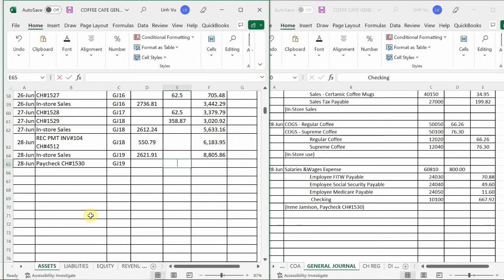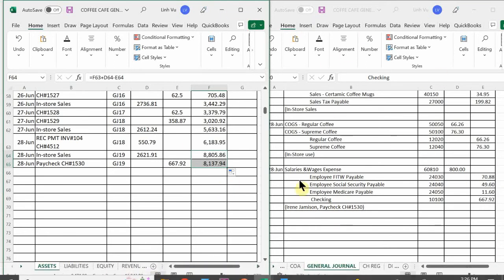For a total of $667.92. So therefore, that should decrease your checking account by $667.92, to $8,137.94. Okay, there you go. We paid for Irene's paycheck.